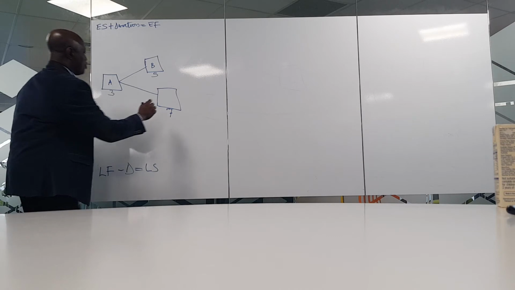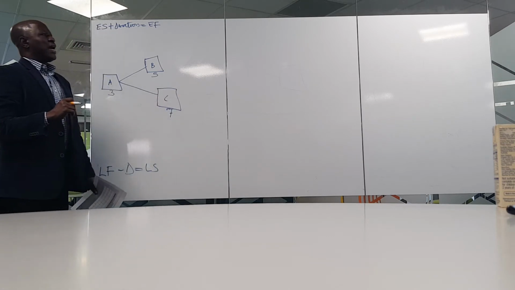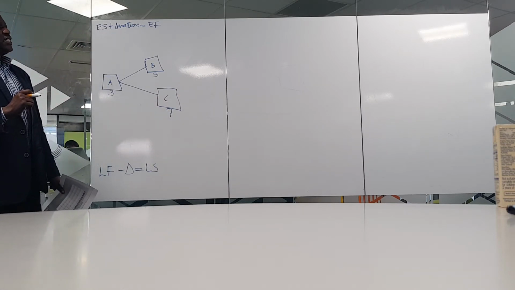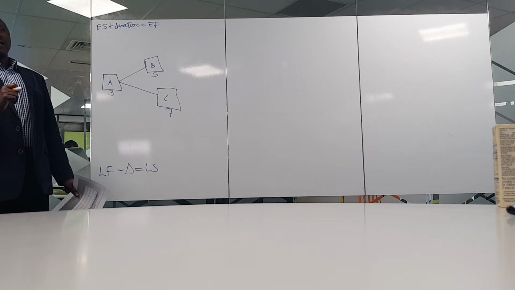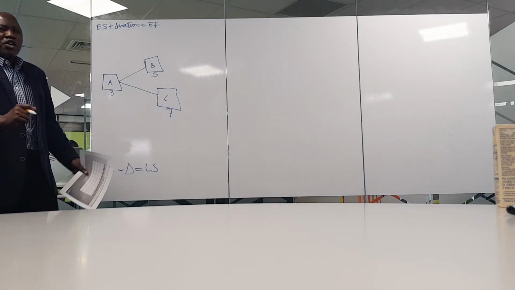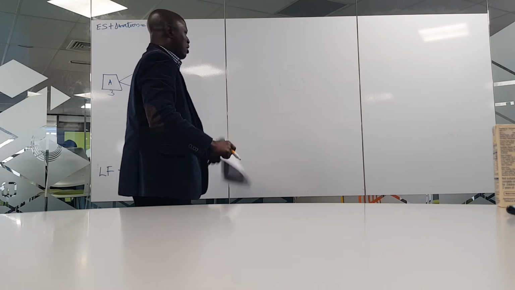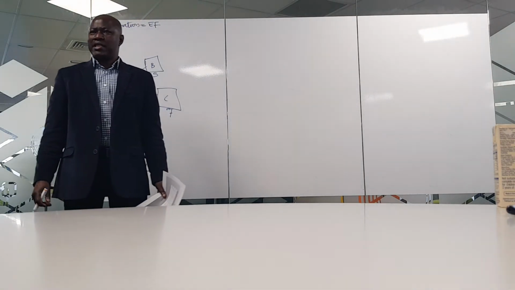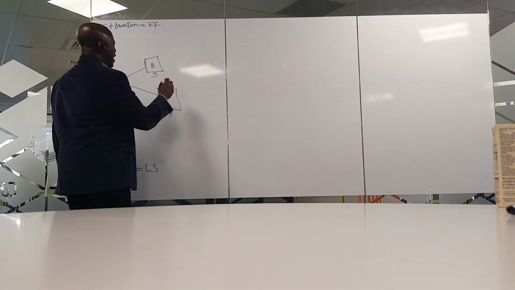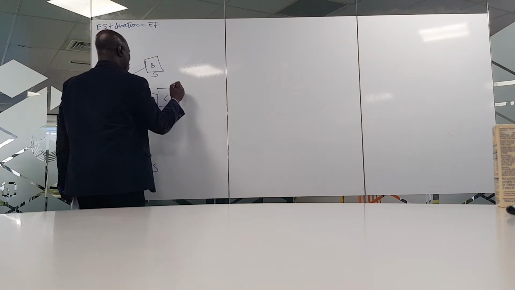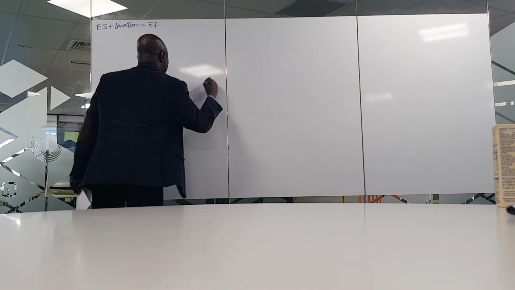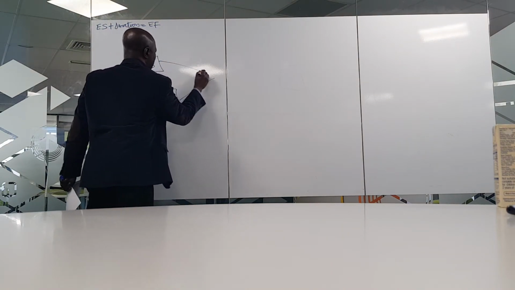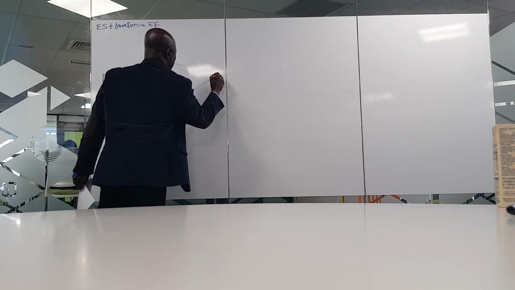C. And we can put C here, thank you. Now, we have D. D is preceded by B and C, meaning that before D can start, B and C must have been completed. So we have B and C and we are looking for D. So we can do it like this. My drawing may not be accurate, but at least you get the idea.